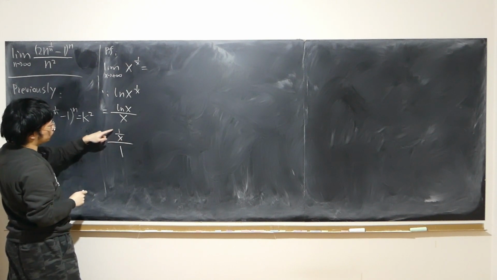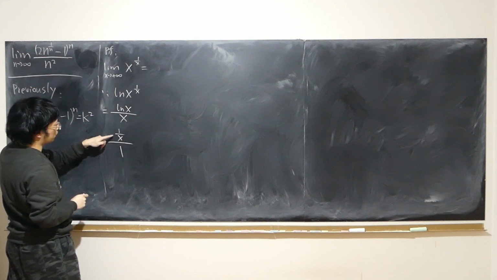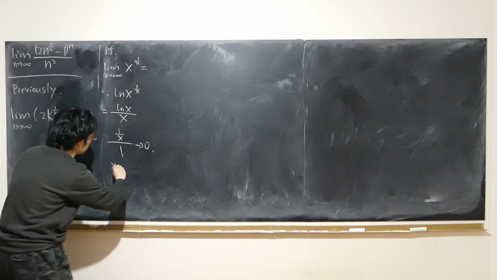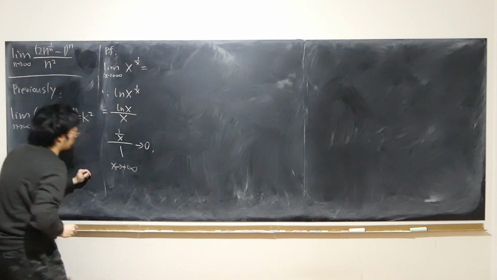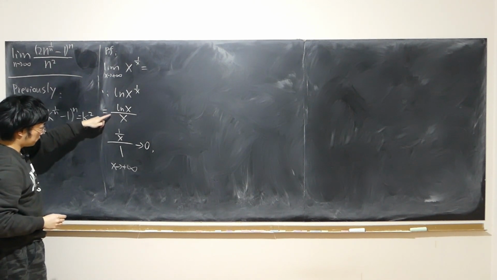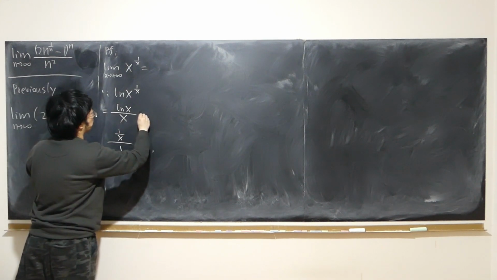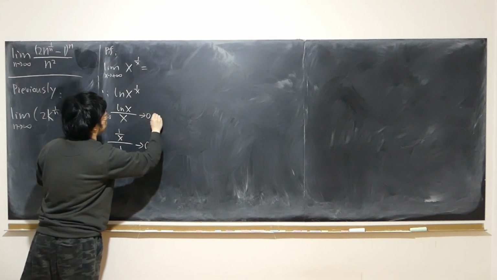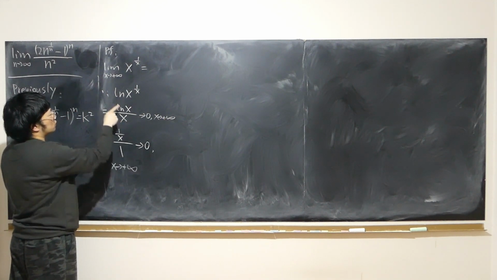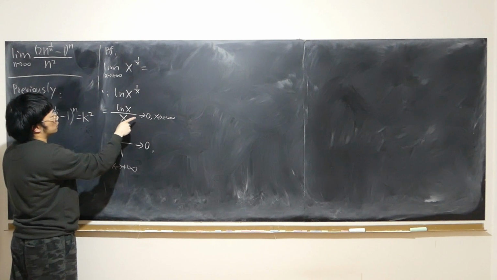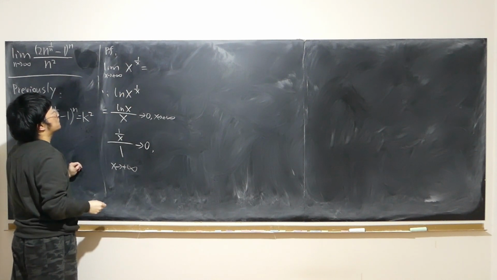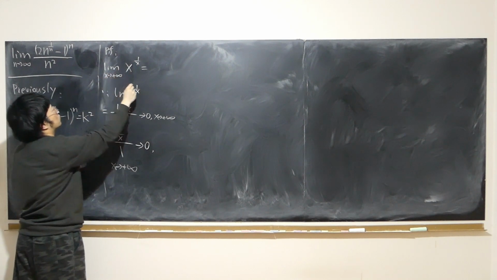We have 1 over positive infinity, that's 0. 0 over 1, so 0. Therefore the log of this approaches 0, meaning the inside has to approach 1.